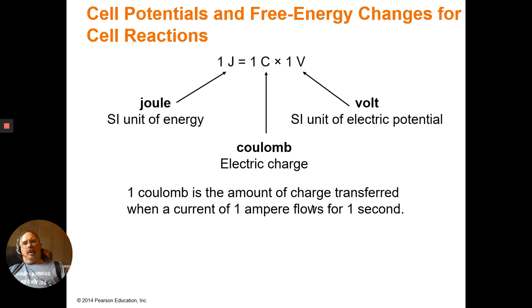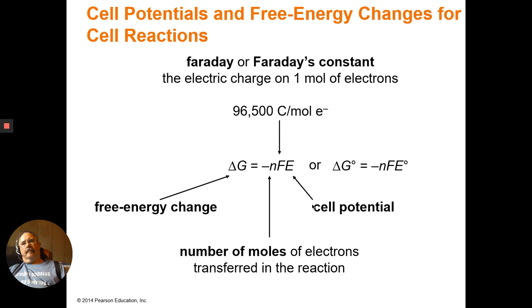Accordingly, an ampere is defined as a rate of flow of 1 coulomb per second. Faraday's constant is a very useful quantity, and we'll be using this to 3 significant figures. It's 96,500. What it represents is the electric charge on 1 mole of electrons, and so the units are coulombs per mole of electrons.